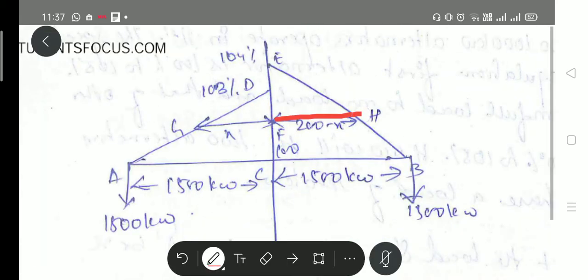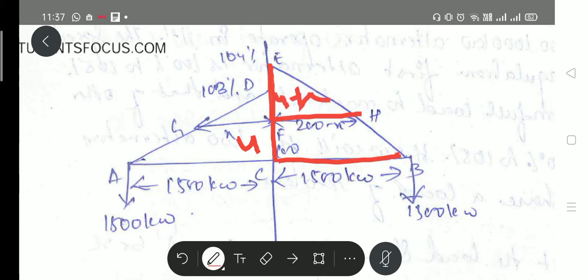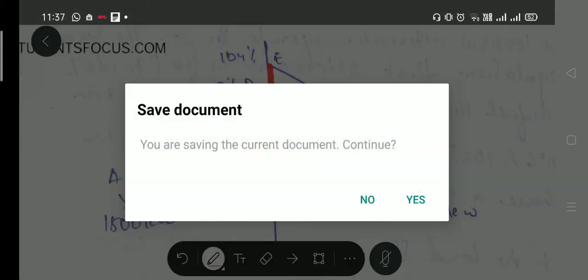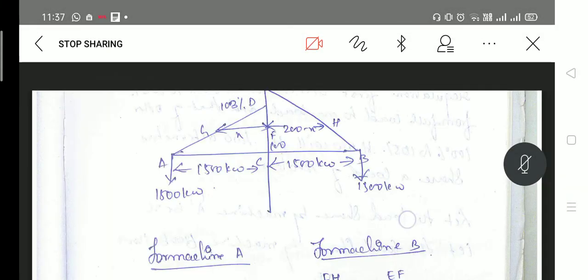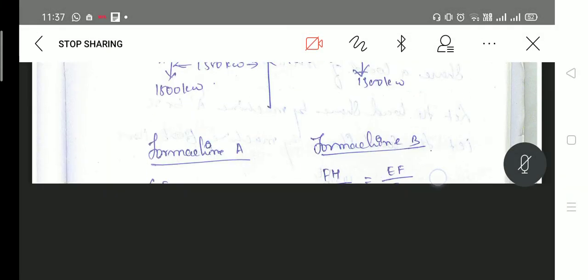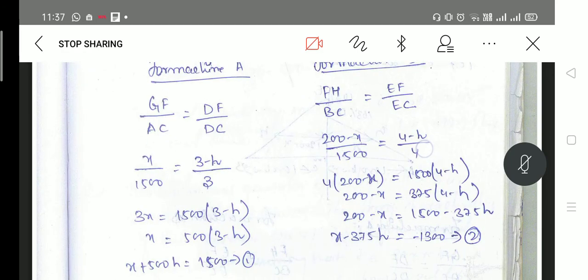FH by BC is equal to EF by CE, where CE is 4 and EF is 4 minus h. So substitute all the values in that equation. So we will get 200 minus x by 1500 is equal to 4 minus h by 4.